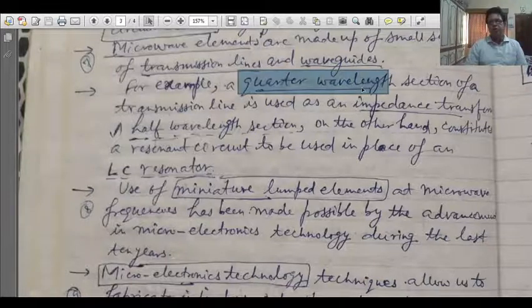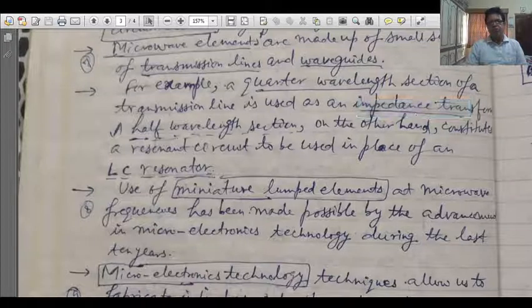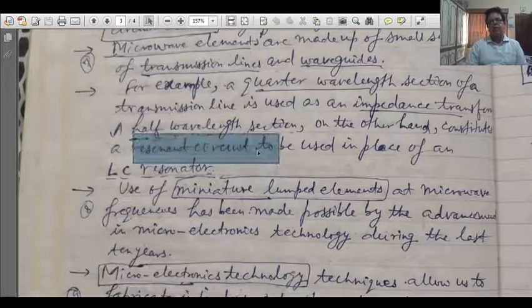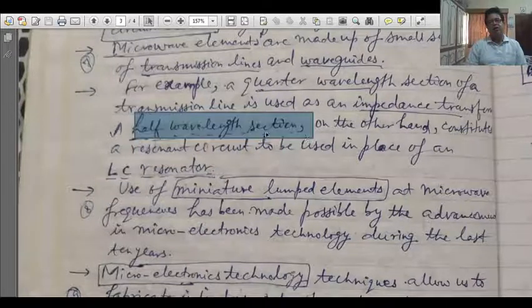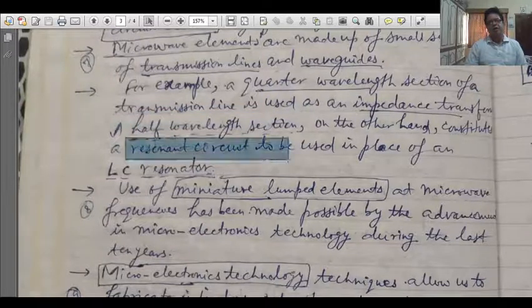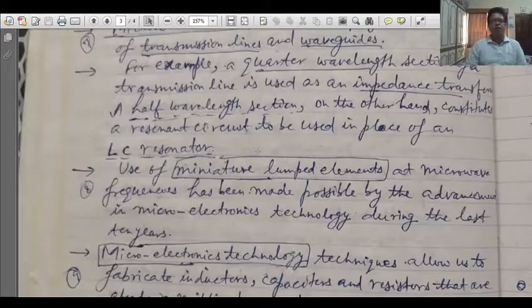Quarter wavelength is used as an impedance transformer, and the half wavelength section is used as a resonant circuit in place of the LC resonator used in conventional electronics, for microwaves.